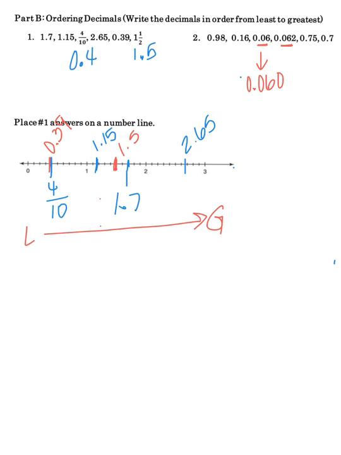So our smallest number for number 2 is 0 and 60 thousandths, followed by 0 and 62 thousandths. I'm going to mark these off as I go.